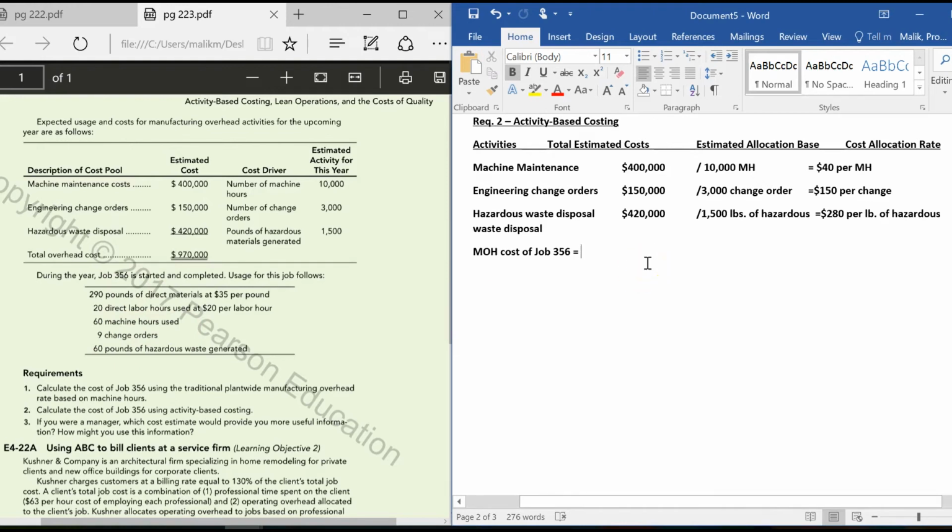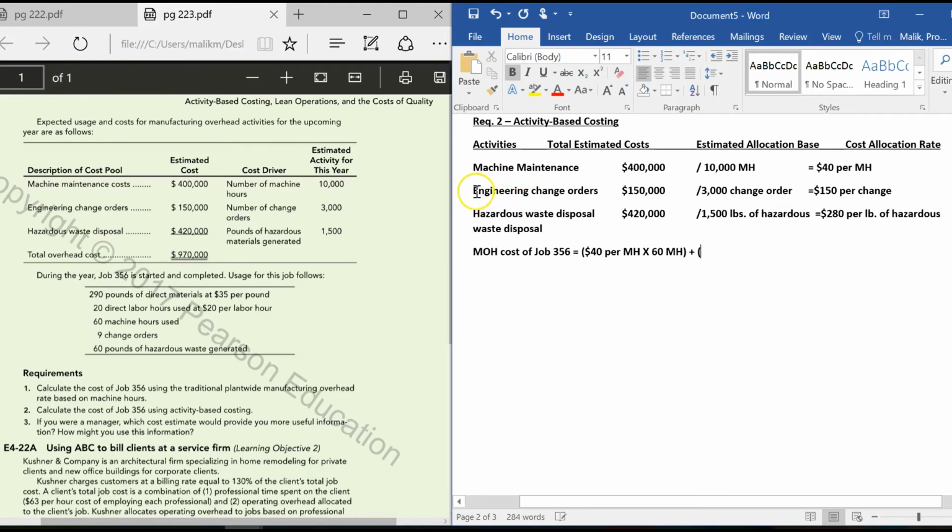I will multiply this rate by the actual allocation base, which means $40 per machine hour multiplied by 60 machine hours. This will be the cost for our first activity, machine maintenance.